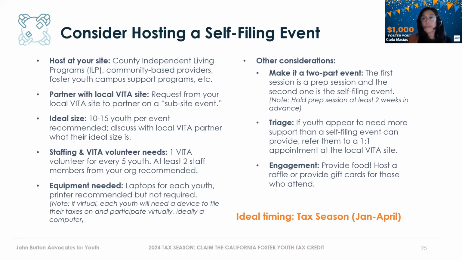For the in-person event, you want someone to open and close, greet foster youth, help with printing returns, call youth before the event to make sure they have all their documents ready, and even call youth the day of the event to remind them, hey, you RSVP'd for this tax event, are you coming in, or are you going to attend it virtually?